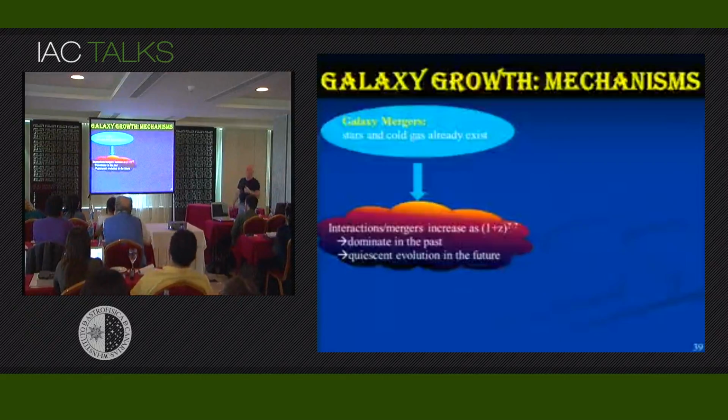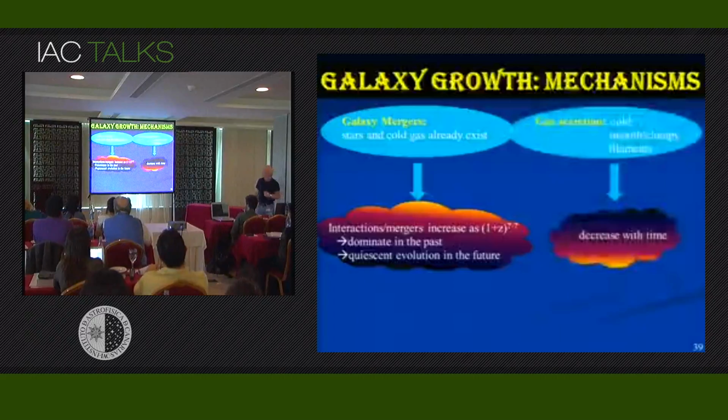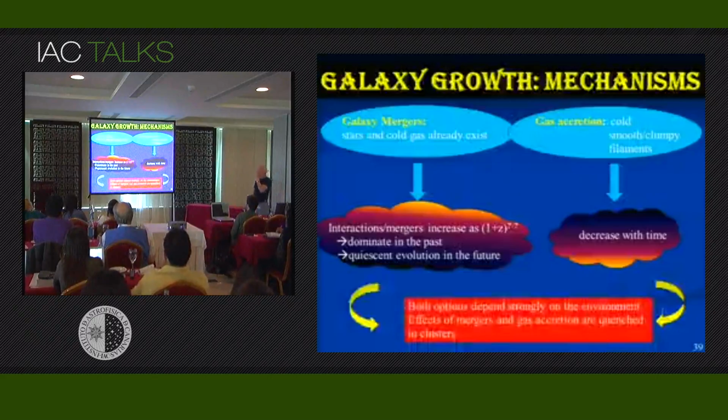Mergers, definitely, whatever I put there, it's positive, okay? Not a negative power. So mergers dominated in the past, and apparently the future that we are up to will be quiescent. On the other hand, we have as an alternative the cold gas accretion.